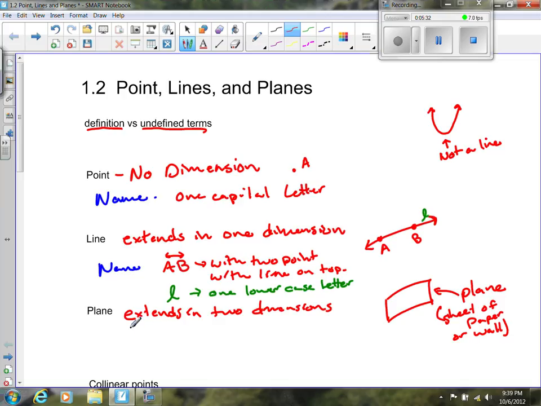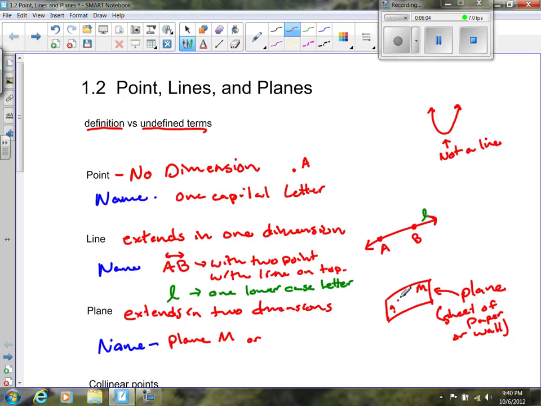So the ways you can name a plane: we can name a plane by saying this is plane, and then you'd have a capital letter here, plane M, or using points on the plane.